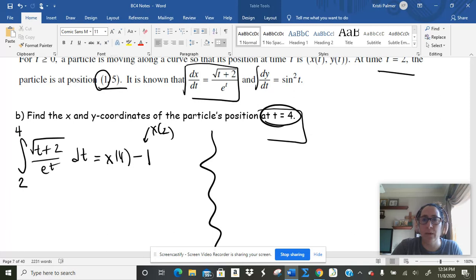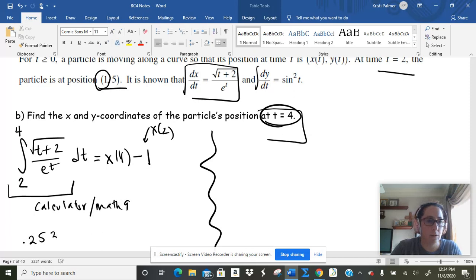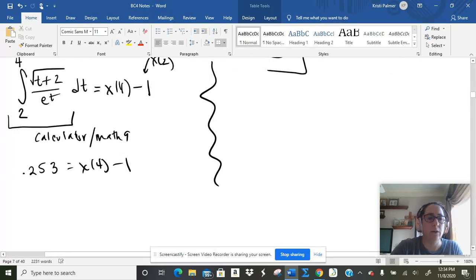So the x value when the time is 2 is 1. Then I actually put this into my calculator, into that math 9, and get my answer. And then I can add 1 over, and I will have the x.